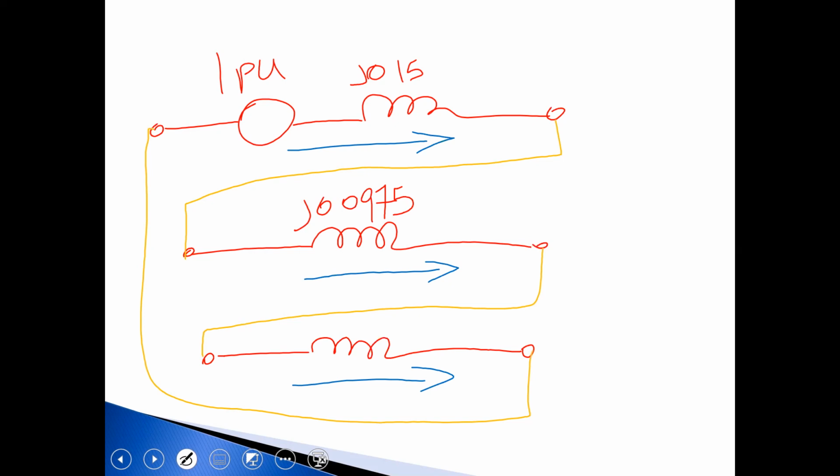And then we want to find I1. Of course, we know that I1, I2, and I0 are all equal. So it means, therefore, that I1 would be equal to 1 over ZT.